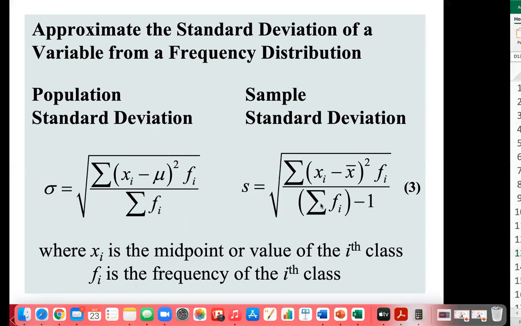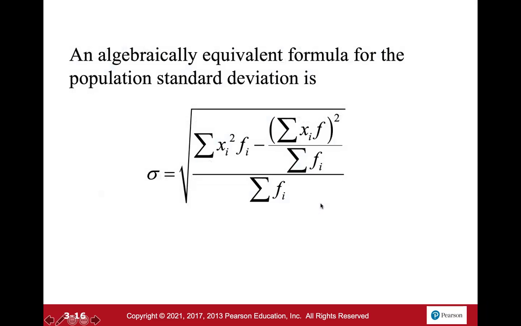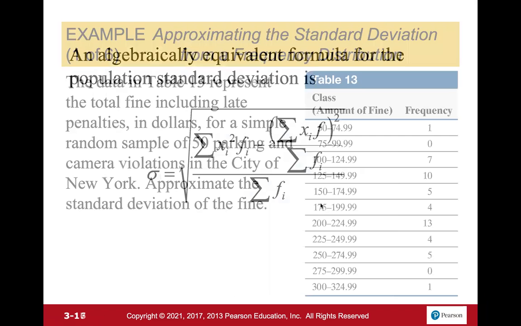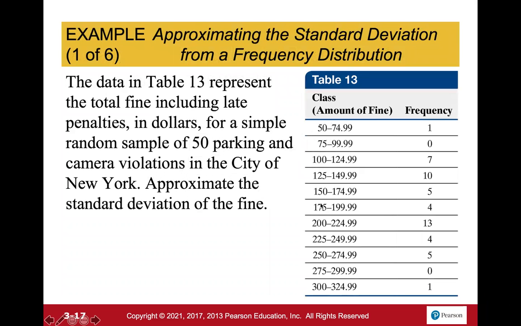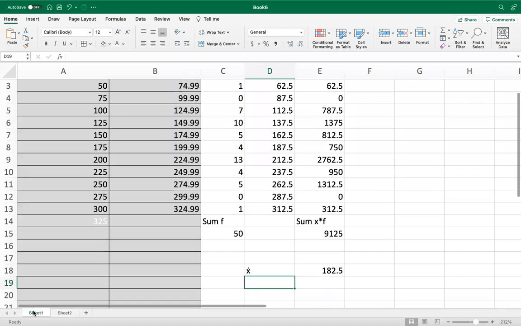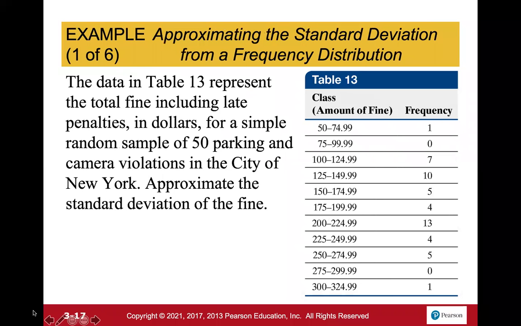So let's see what the data holds. We have our algebraic version too, but we're going to concentrate more on the one that we just saw. All right, so the data in table 13 represents the total fines. That's the data that we have right over here. So let's concentrate on that one.